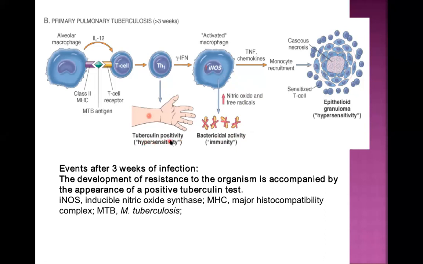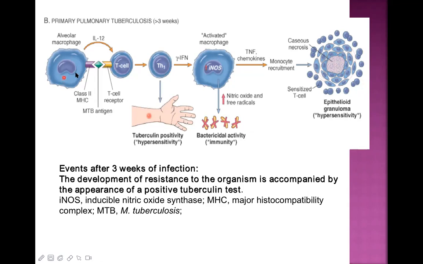Tuberculin positivity. Now the tuberculin test or Mantoux test or PPD test we do to know whether this person is infected with tubercle bacilli or not. And when this stage is already reached during pathogenesis, tuberculin positivity will be there.